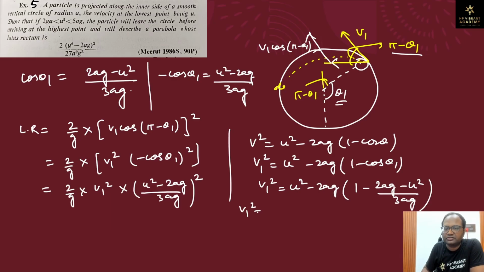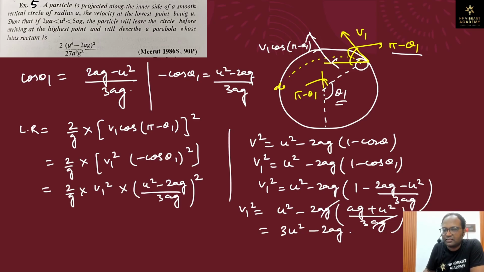This gets cancelled, and we get v1 square is equal to (3u square minus 2u square minus 2ag) upon 3.